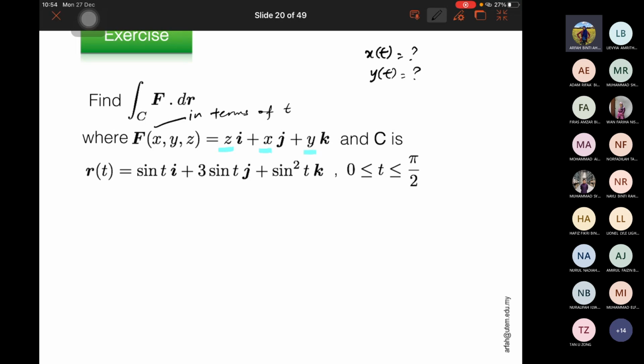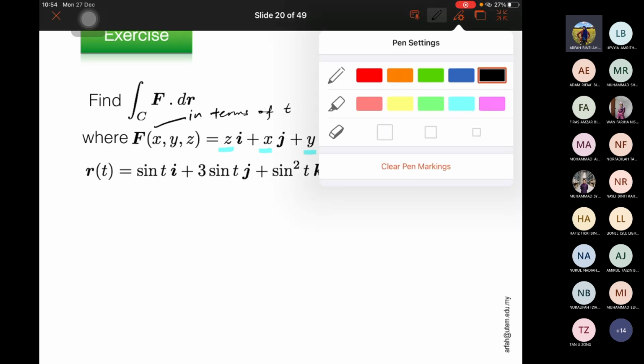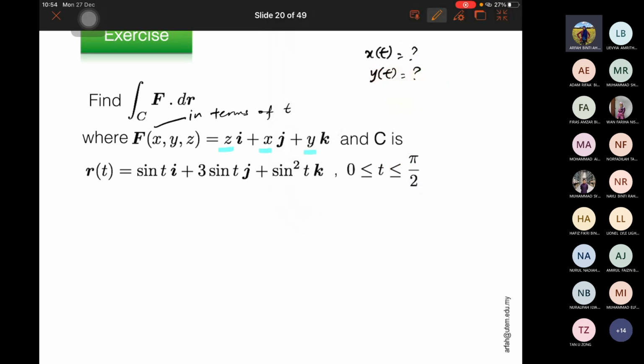Okay, so kita tengok daripada sini. r(t) equal to sin t i plus 3 sin t j plus sin squared t k. So this is your x of t and this is your y of t and this is your z of t. So daripada sini kita dapat x(t) sama dengan sin t, y(t) equal to 3 sin t and your z(t) sama dengan sin squared t.